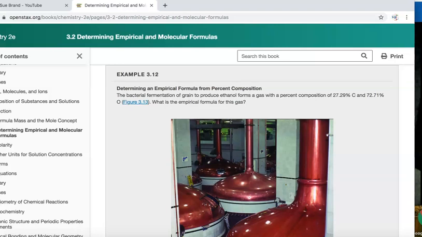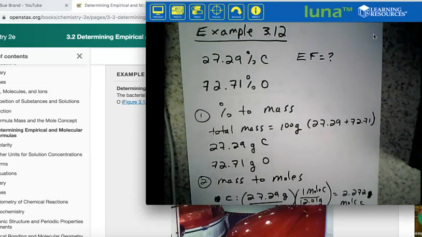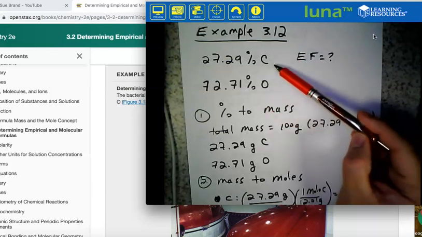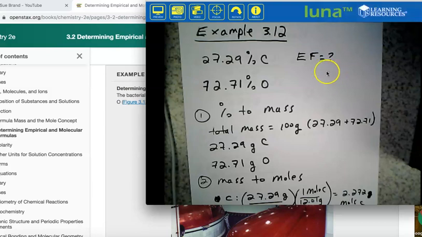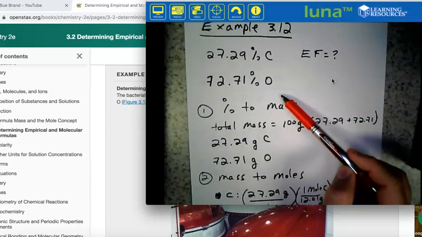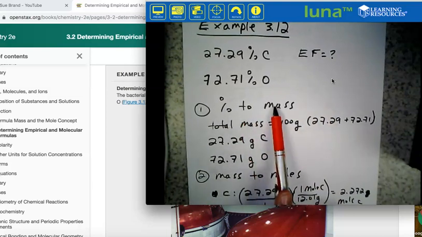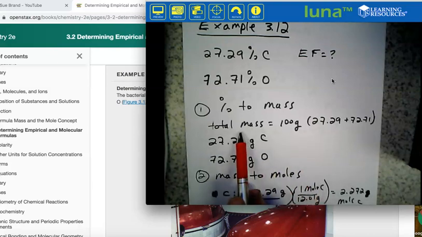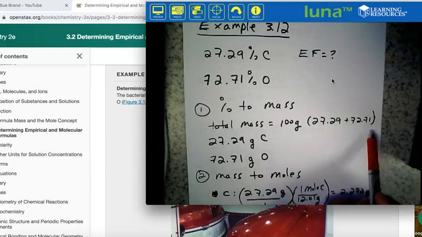All right, switching over to the document camera. Here are our percentages for the carbon and for oxygen. It's asking for the empirical formula for these elements. The first step is to go from percent to mass. If we added up all the masses of our elements here, they add up to 100 grams.